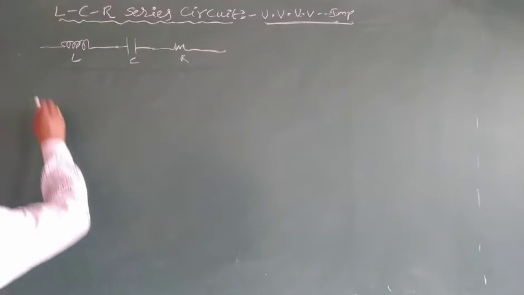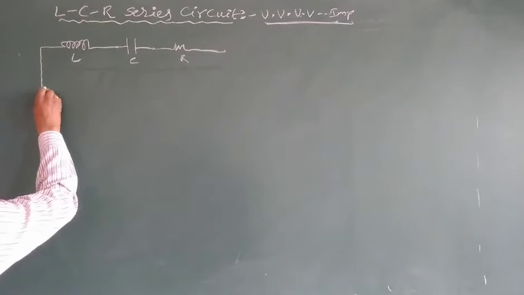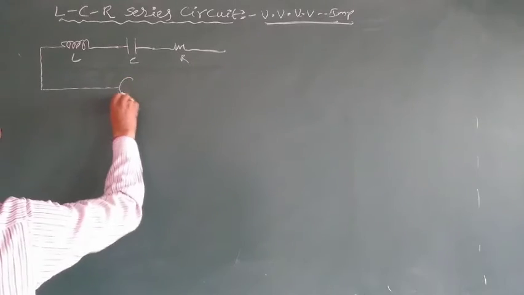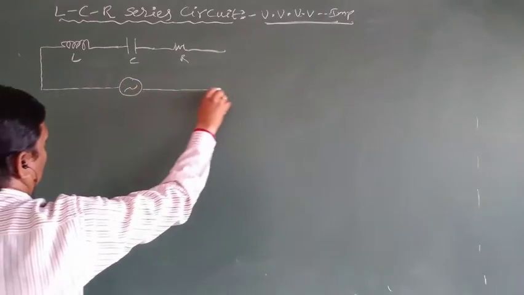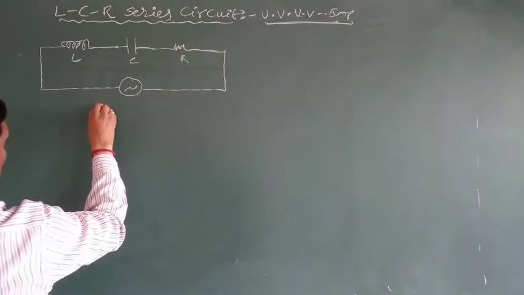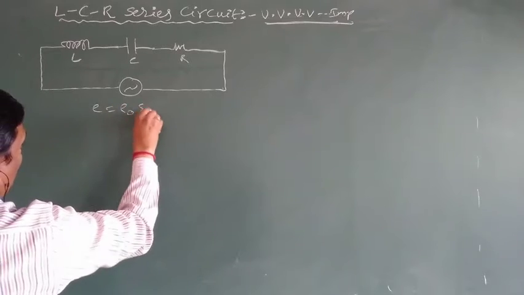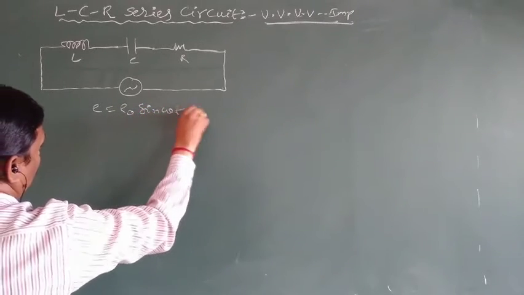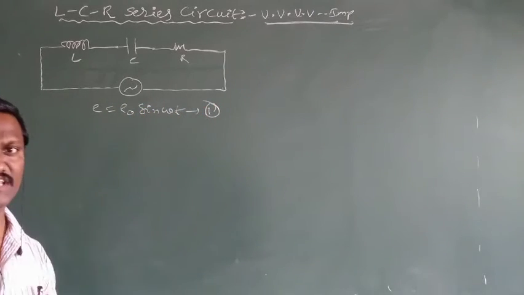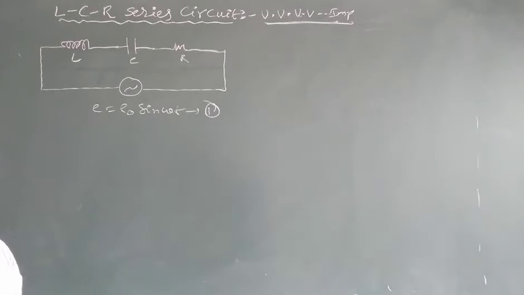At the ends of the series combination, one AC source is applied. We know a source always has an EMF, and the applied EMF is always sinusoidal in nature: E is equal to E naught sin omega t. An alternating source is applied across the ends of the series combination of LCR.